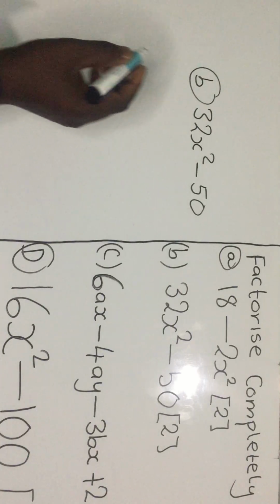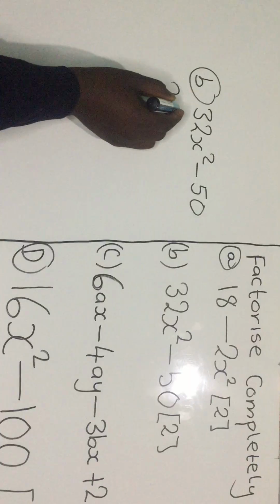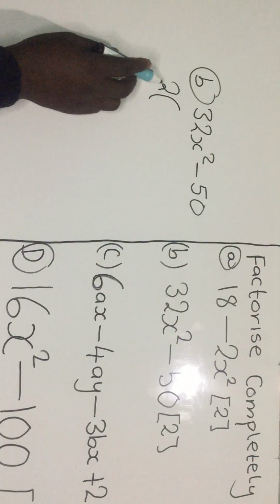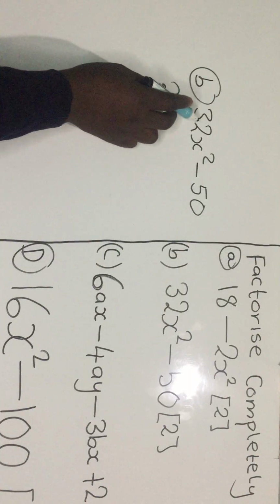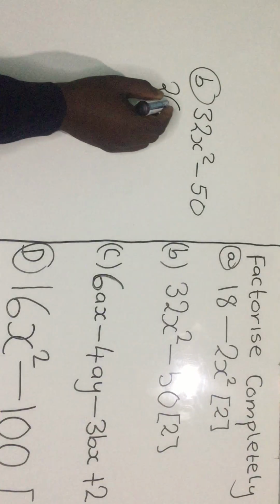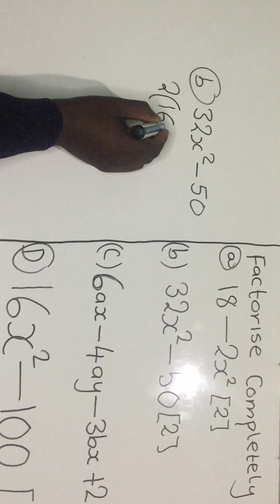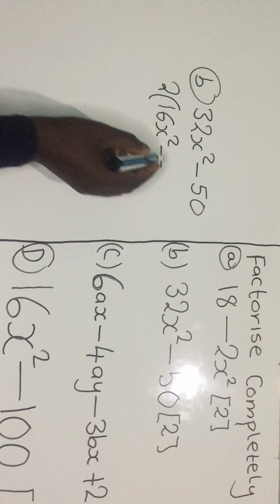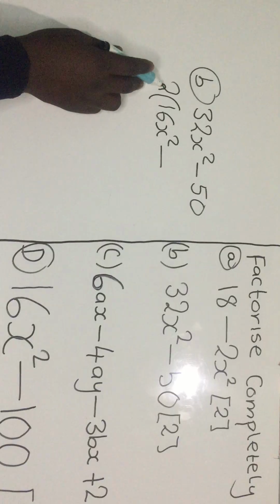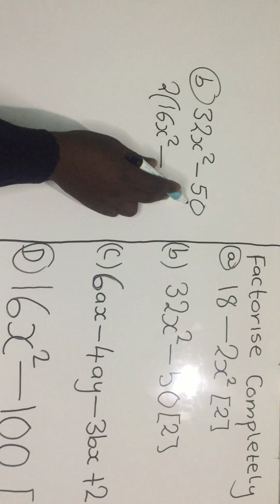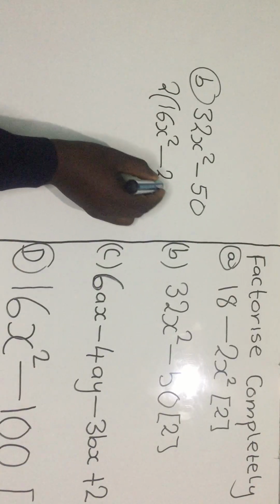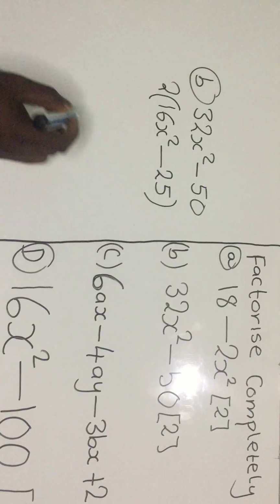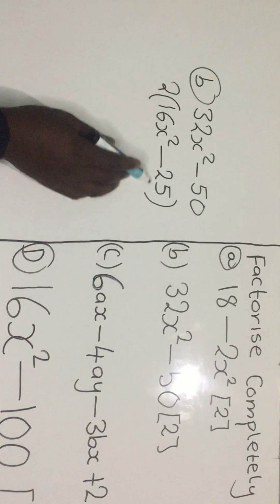It's 2. So you write 2 here and open. How many times can 2 go into 32? It goes 16 times, and there is x squared, minus. How many times can 2 go into 50? It goes 25 times.